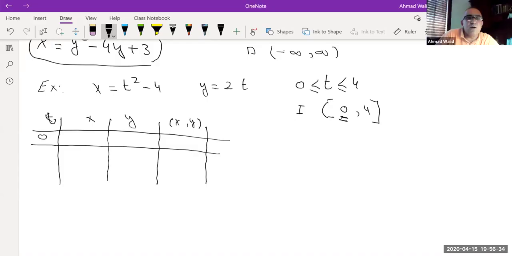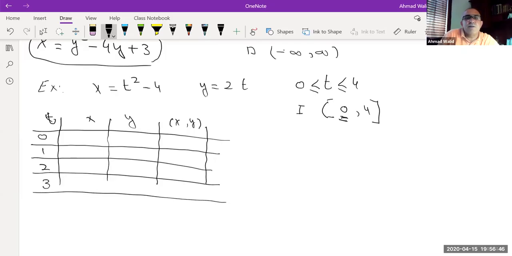Start from 0 and go to 4. For example, 0, 1, 2, 3. Let's put 4 here. When you plug in t, make sure to plug in both parametric equations and calculate both values, correct?